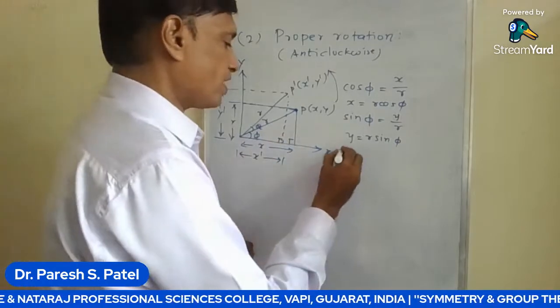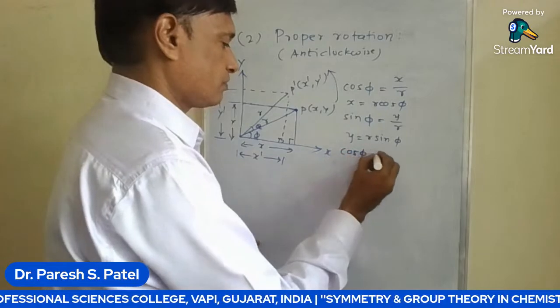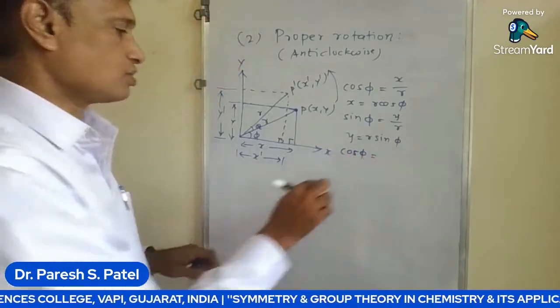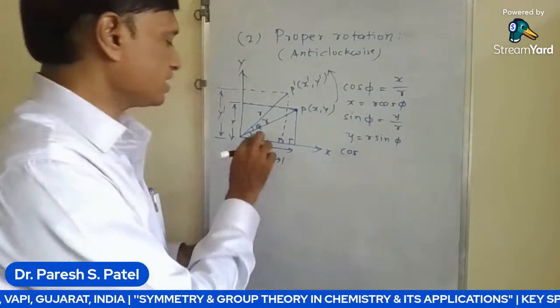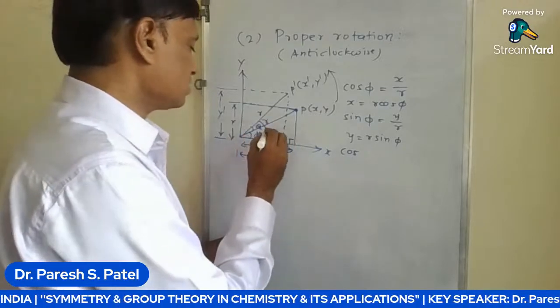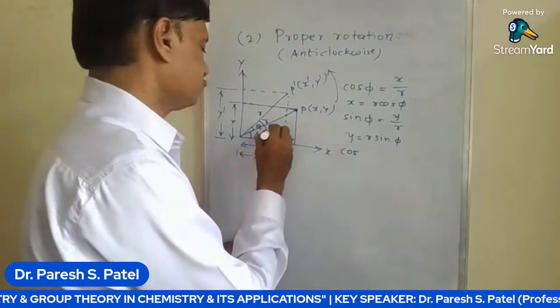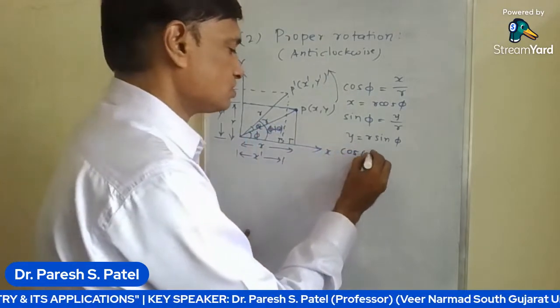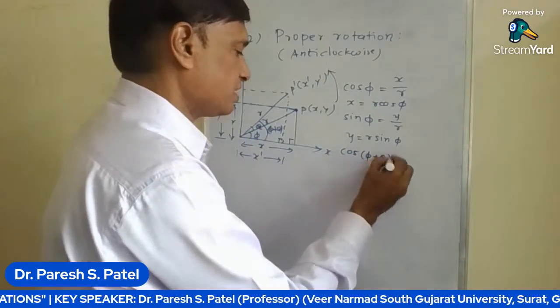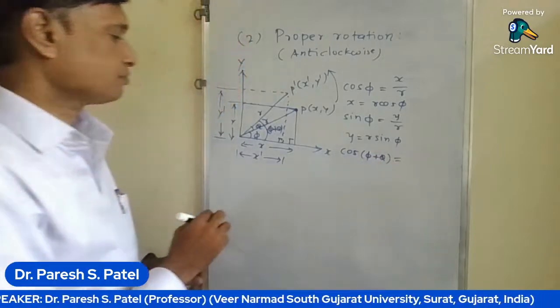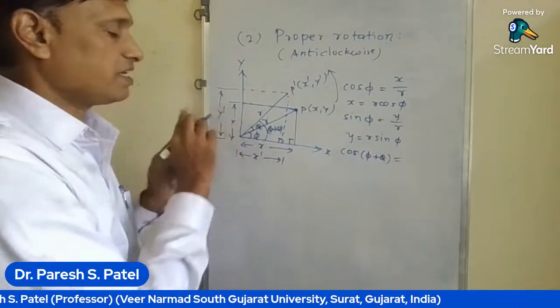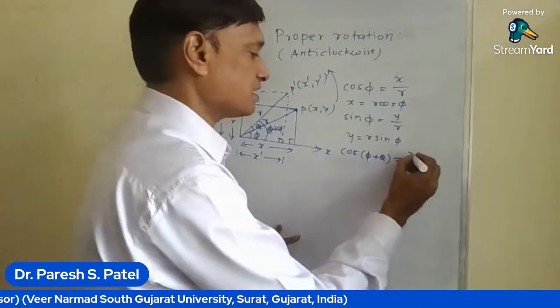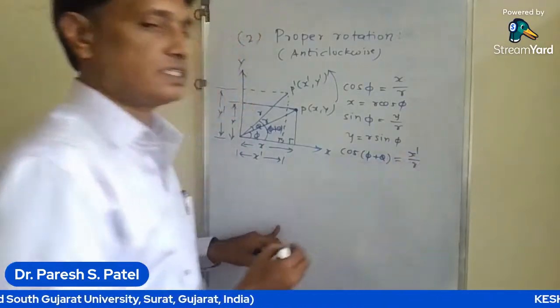So cos of phi plus theta, as the new angle, the overall result is phi plus theta. So cos of phi plus theta is equal to base divided by hypotenuse. Base is x dash and hypotenuse is r.